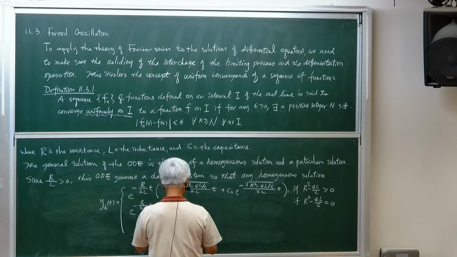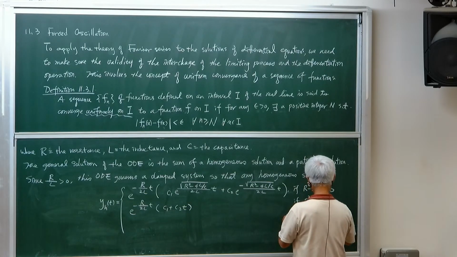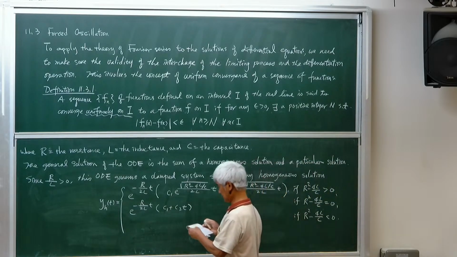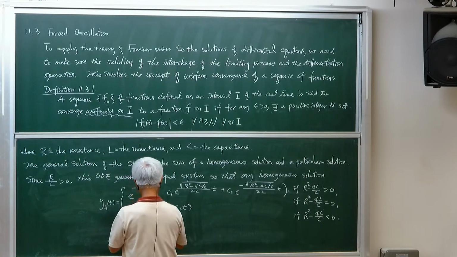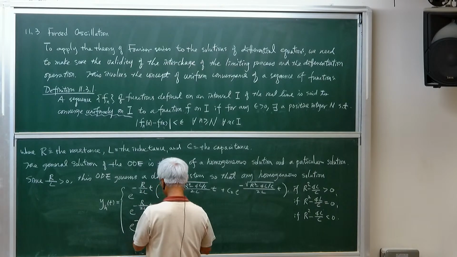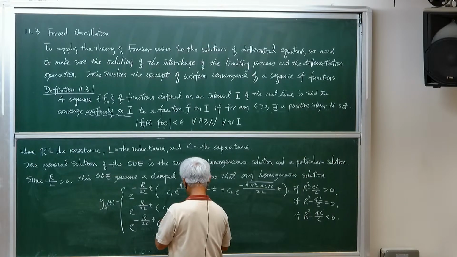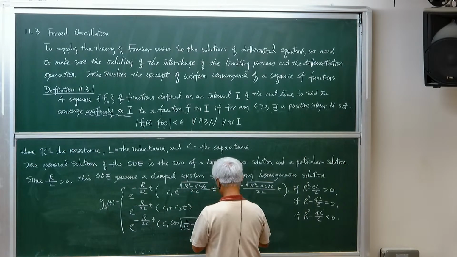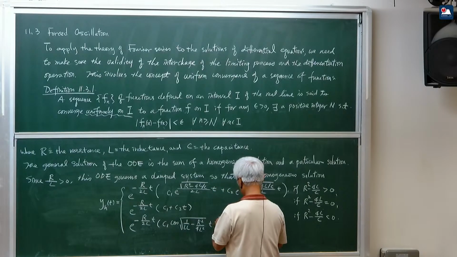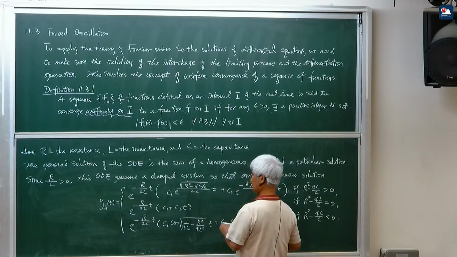And if R squared minus 4L divided by C is negative, then we have the damping term and a cosine oscillation: C1 cosine of the square root of 1 over LC minus R squared divided by 4L squared, times t, plus C2 sine of the square root of 1 over LC minus R squared divided by 4L squared, times t.